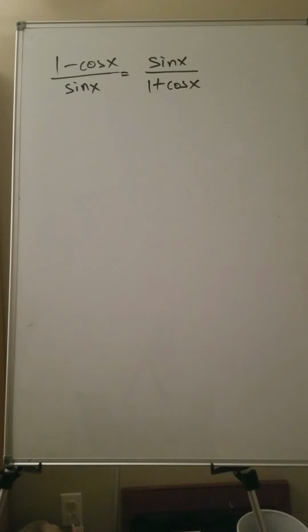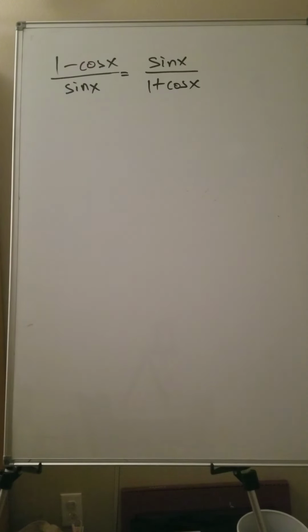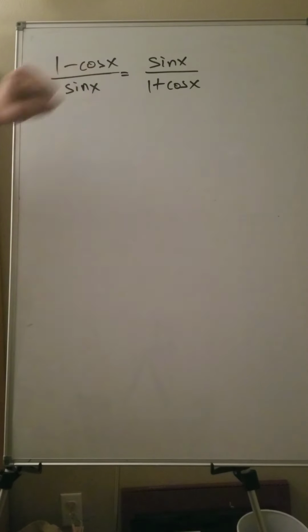But what I want to do is somehow go from 1 minus cosine to just simply having a sine here. And I am aware that 1 minus cosine squared would give me a sine squared. So that's kind of where I'm thinking: if I could somehow get this to be 1 minus cosine squared, well, I can accomplish that by multiplying by the conjugate, okay?